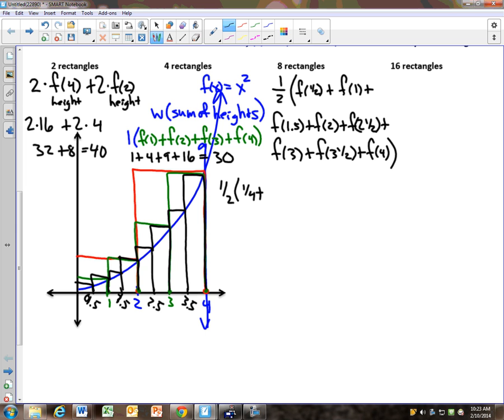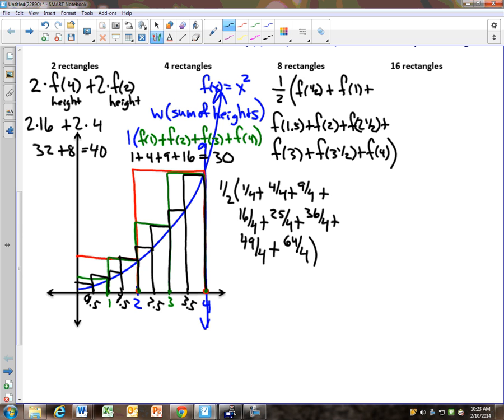We'll write it in fourths. 4 fourths. 1.5 squared is 9 fourths. 2 squared is 4, so 16 fourths. 2.5 squared is 25 fourths. 3 squared is 9, or 36 fourths. 49 fourths. And 4 squared is 16, or 64 fourths.